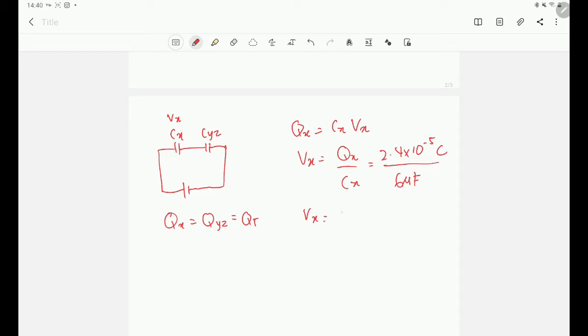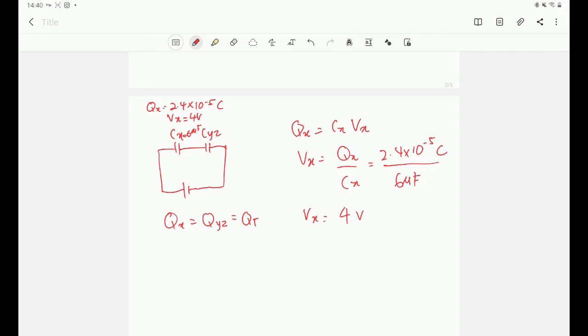So Vx we can get 4 volt. So Cx is 6 microfarad and Qx is equals to 2.4 times 10 to the power negative 5 coulomb. So right now capacitance X is done.